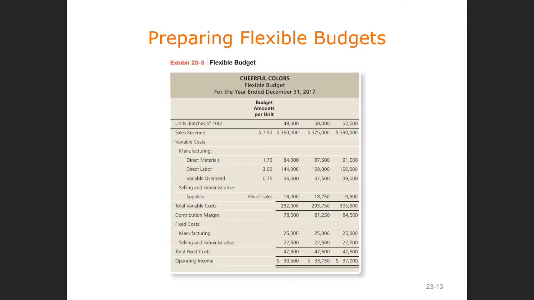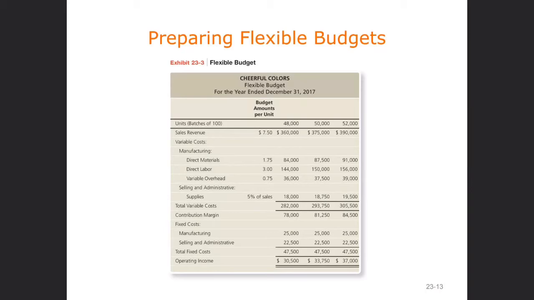So here we're preparing flexible budgets. We have a flexible budget. This is for Cheerful Colors as well. And so on their budget, we have the budgeted amounts. So for sales revenue, the per unit budgeted amount is $7.50.